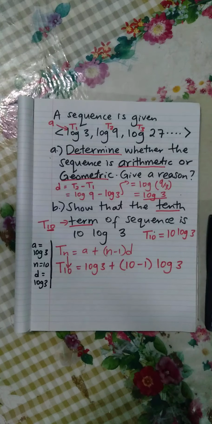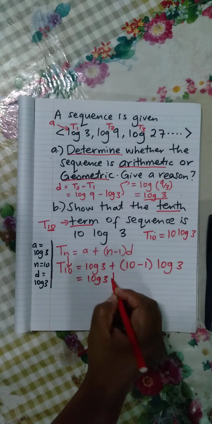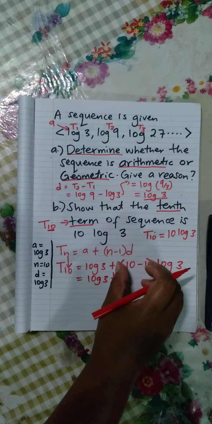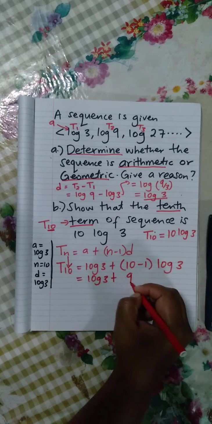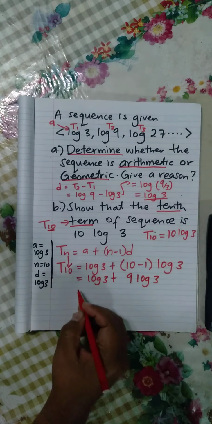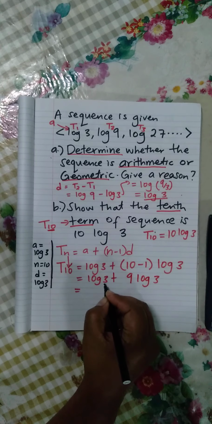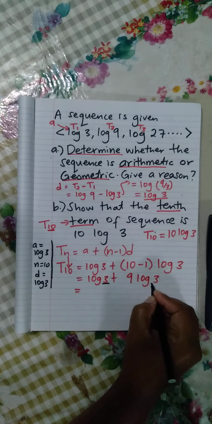Now solving further, it will be log 3 plus (10 minus 1). Bracket first, BODMAS rule gives us 9, and 9 times log 3 is 9 log 3. At this step you can see the like terms. Remember, like terms in log are those where whatever comes after log is the same.